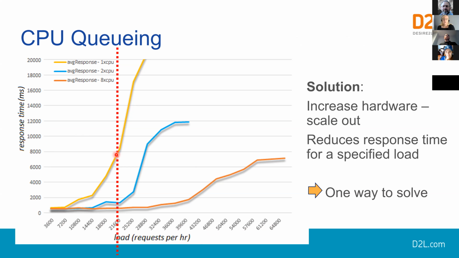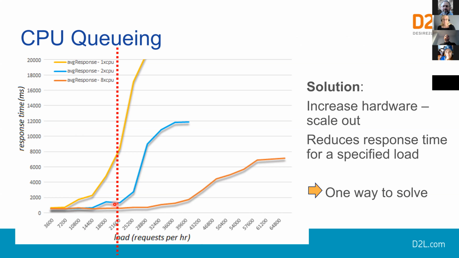Back to that question. In order to solve this on a static code base, what can we do? So let's hypothesize that scaling CPU processor capacity will do it. We could scale out, scale up, or we could use a faster processor. In this case, we'll scale out from 1 to 2 processors, and we see response time is much faster. It decreased from 8 seconds down to about 1 second.